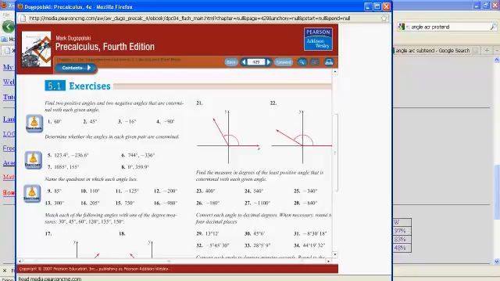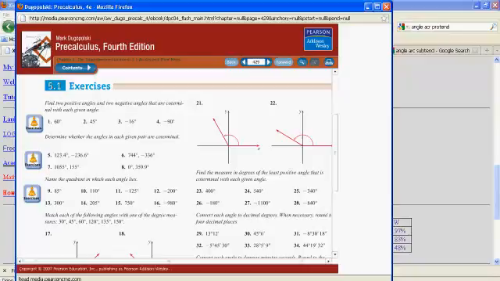Let's look at problem 16 on page 429. Name the quadrant in which each angle lies. We have negative 980 degrees.